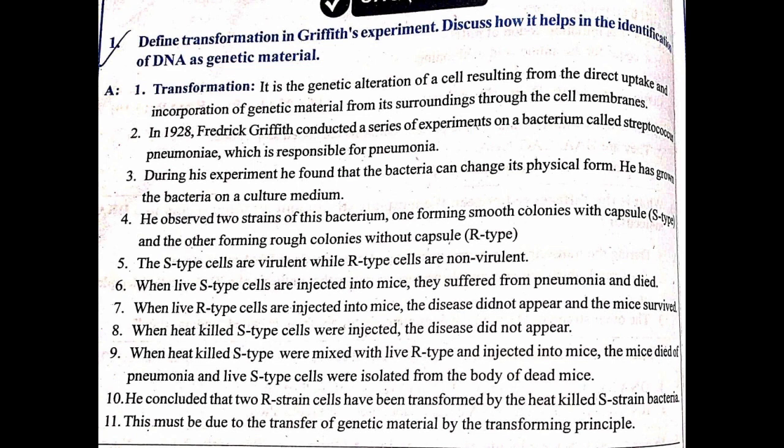The S-type cells are virulent while R-type cells are non-virulent. When live S-type cells are injected into mice, they suffer from pneumonia and die.